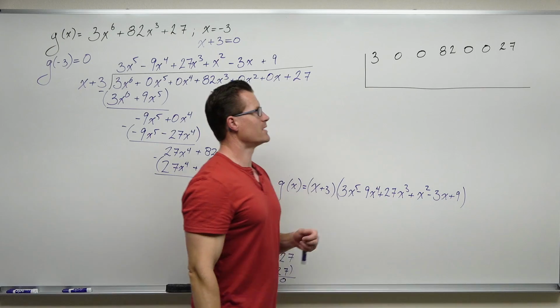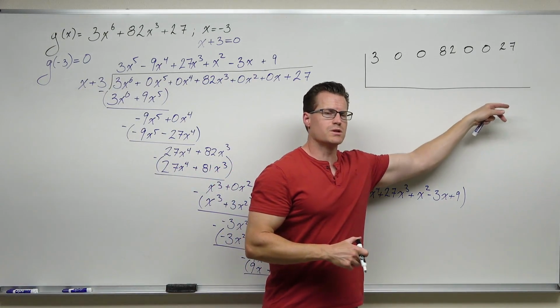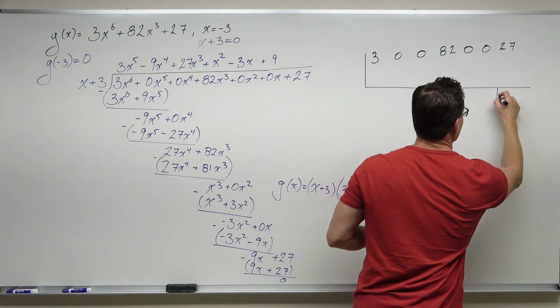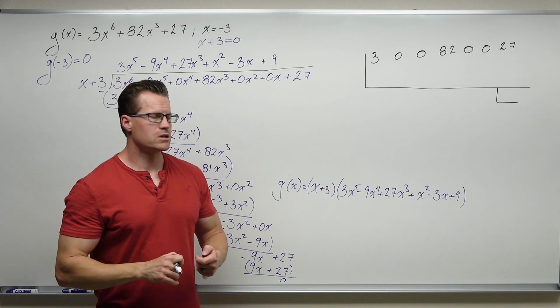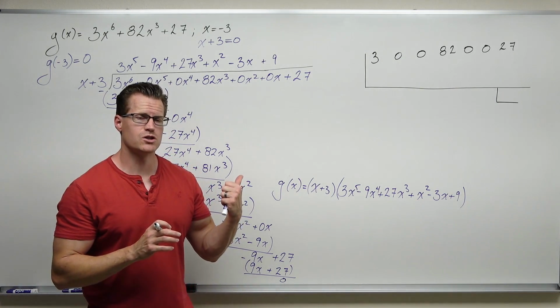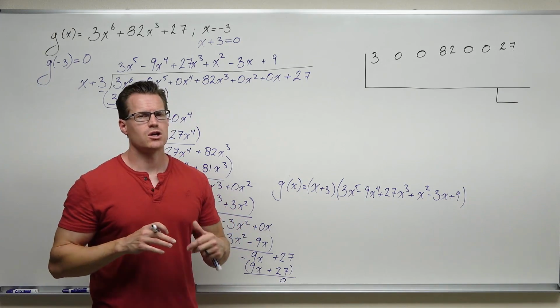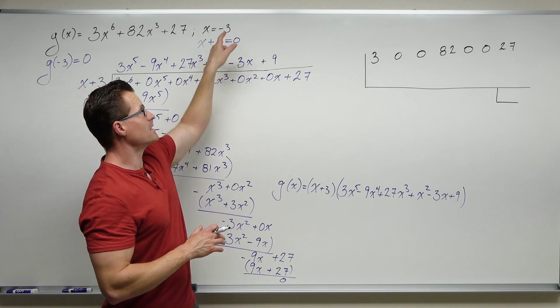And you have 27 as your constant. We know that our remainder should be 0. Let's make sure that happens. So what we're going to do is synthetic division here. It is a little bit different than long division because you don't take the factor, you take the x-intercept and use that in the algorithm. So we're going to take -3.